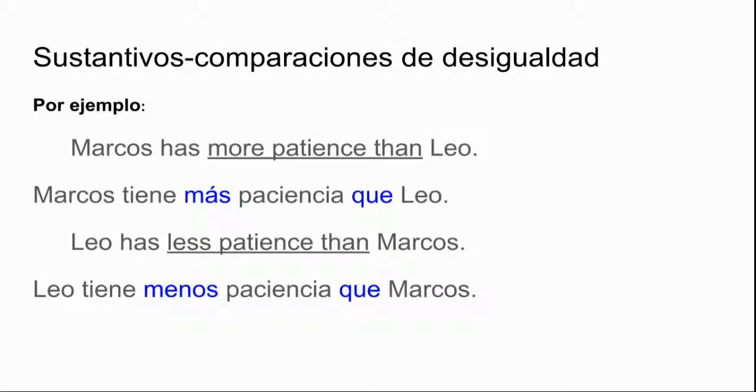Por ejemplo, Marcos has more patience than Leo. Marcos tiene más paciencia que Leo. We can switch it around. Leo has less patience than Marcos. Leo tiene menos paciencia que Marcos. Remember, these two sentences convey the same meaning, but they do it in different structures.